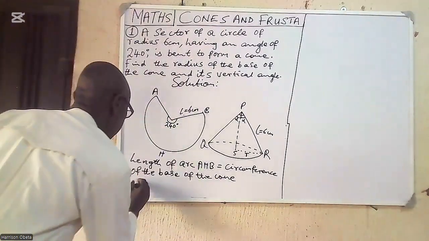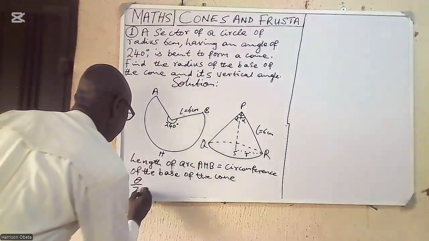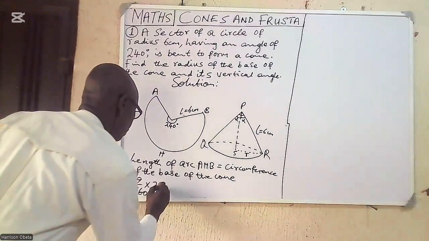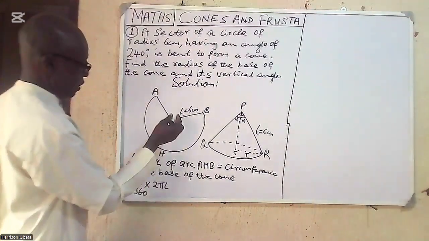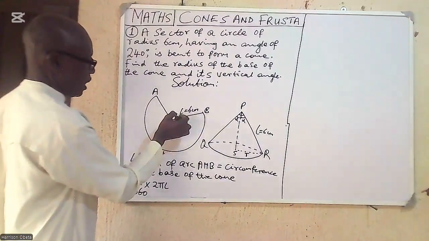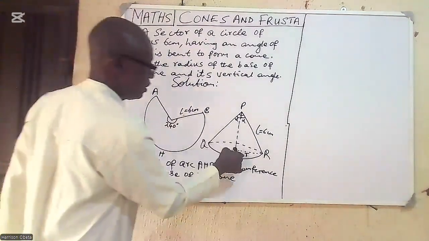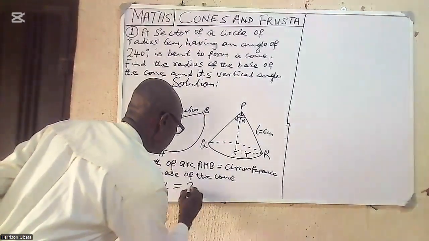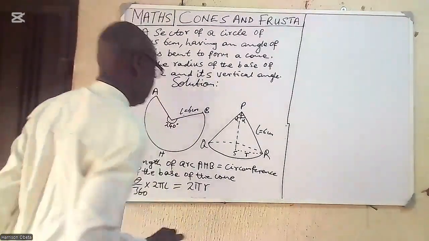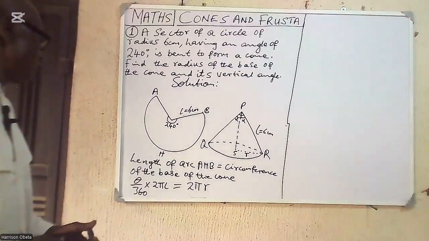And that means theta over 360 times 2 pi L, instead of R, because we are using L so that we differentiate this from this, because they are not the same, is equal to 2 pi R. That's the circumference of the base of the cone.